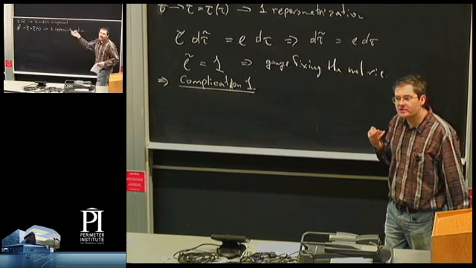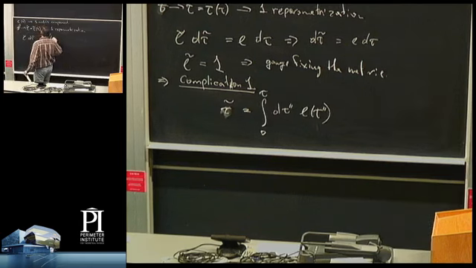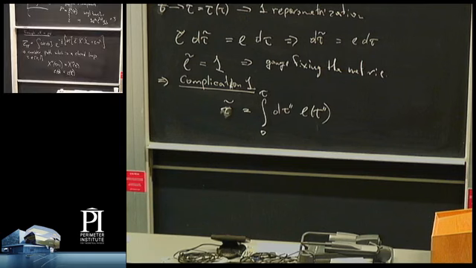And so in particular, I know exactly how my metric transforms once I do this reparameterization of the world line coordinate. So I know that e tilde d tau tilde must be equal to e d tau. And so in particular, it appears that I can make a gauge choice, right? So I can fix a metric, much like we did in the case of the worldsheet for a string, right?